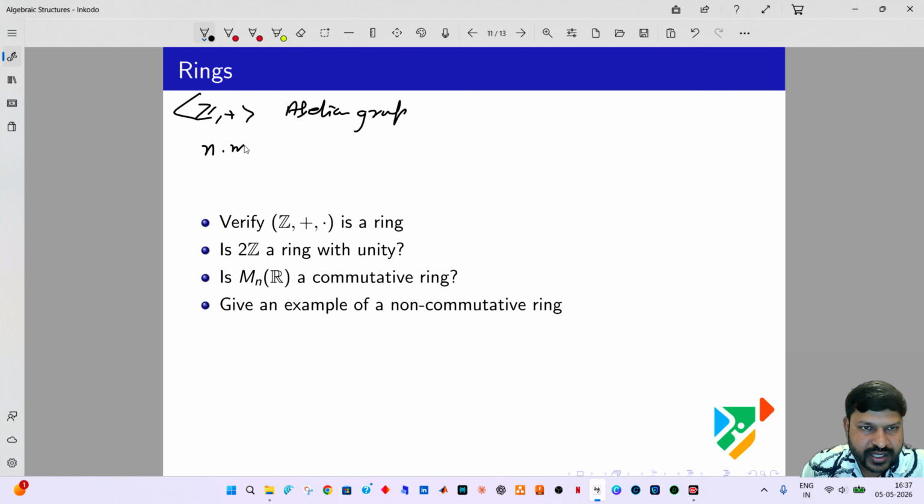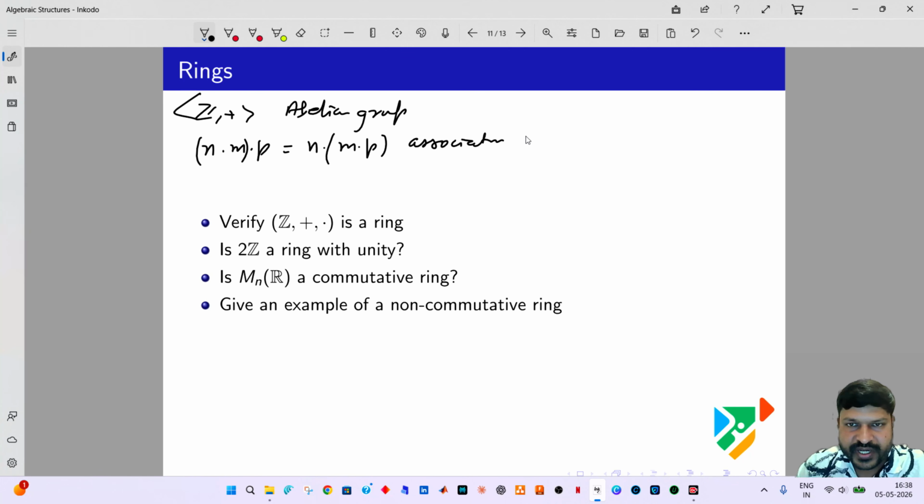N dot m, you multiply any two integers, then multiply with the third integer. This is the same as multiplying n with the product of m and p, and both will give you the same result. So it is associative. Multiplication is closed, of course. So these two properties are satisfied.